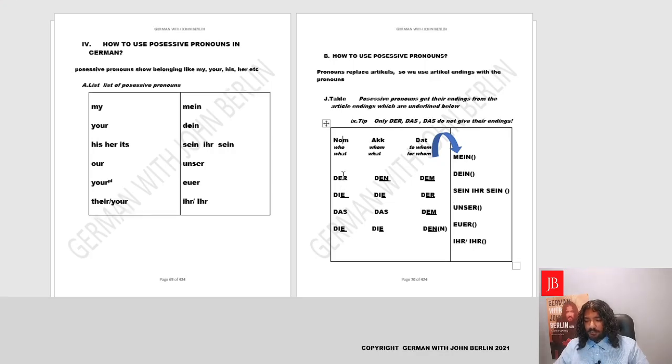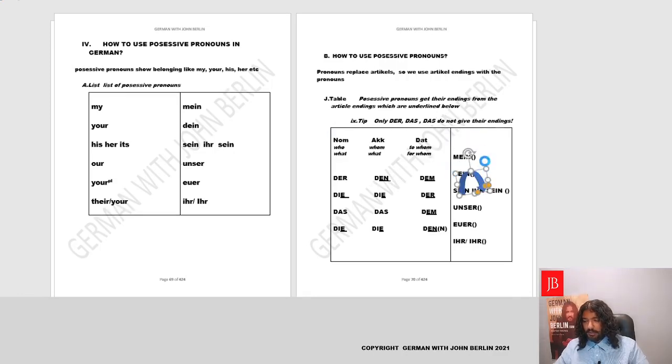Now we already know which endings the articles give: all the endings basically except der, das, and thus. So these are the three articles which do not give their endings. All the other articles give their endings. So we'll be using these articles to determine the endings of these possessive pronouns.